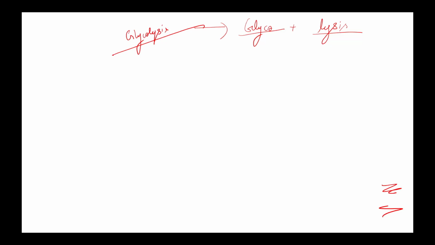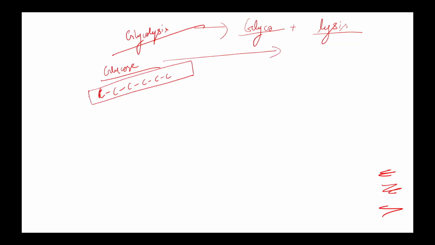So in glycolysis, we start with glucose, which is a 6 carbon molecule. After the entire glycolysis process, this 6 carbon molecule will break down into two 3 carbon molecules, that is known as pyruvate.